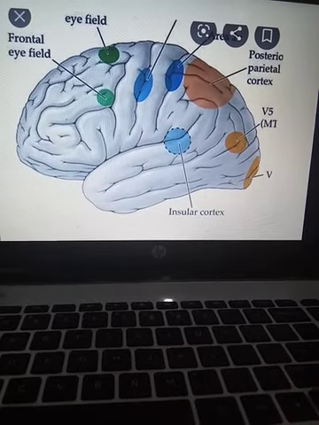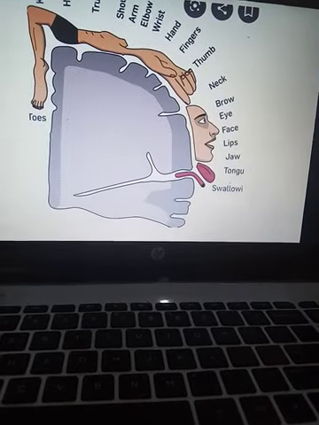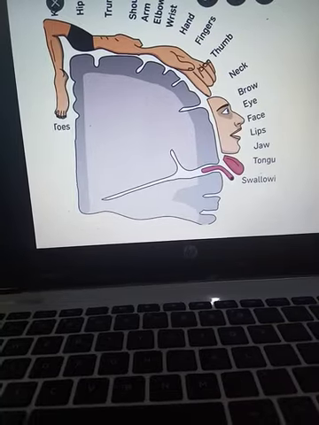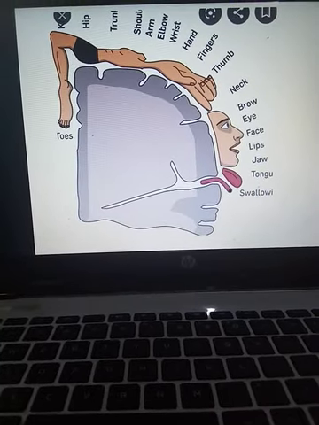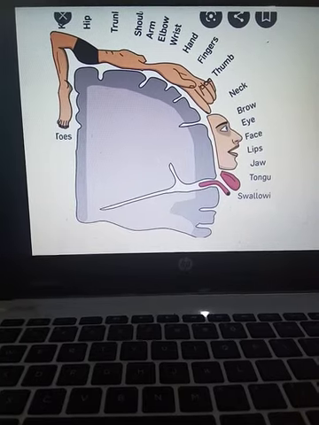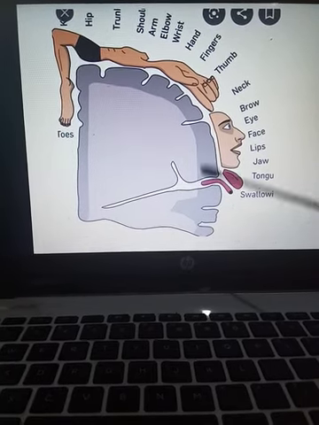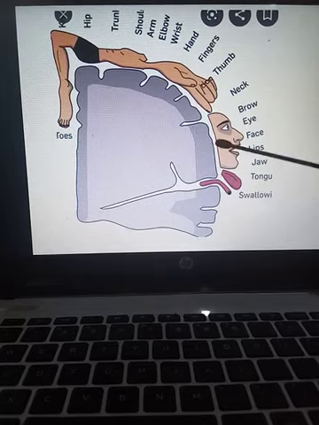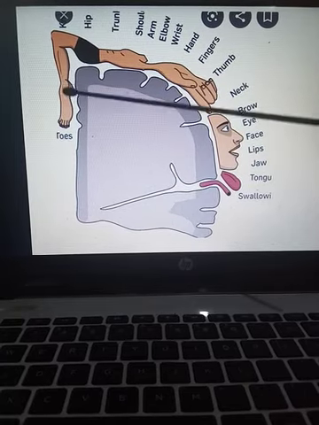After this comes your inverted homunculus. What is this inverted homunculus? All the body parts have representation in the cerebrum, but that representation is upside down.